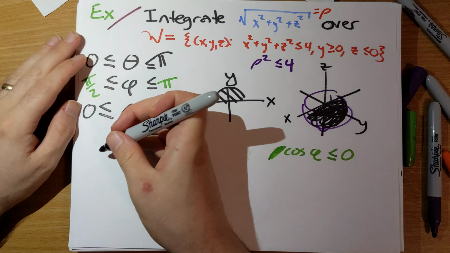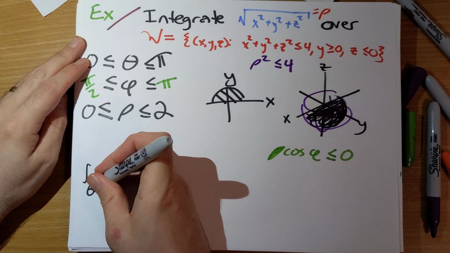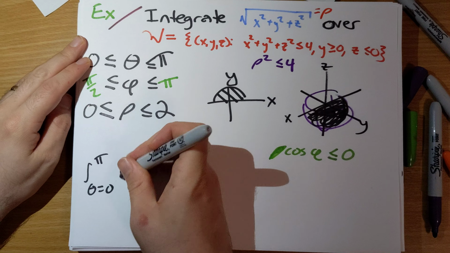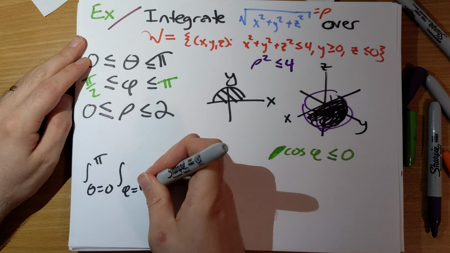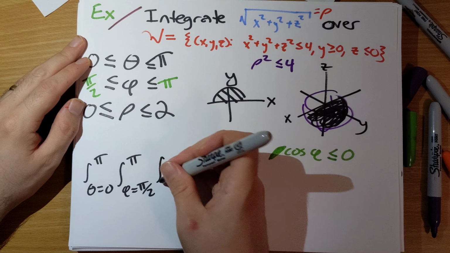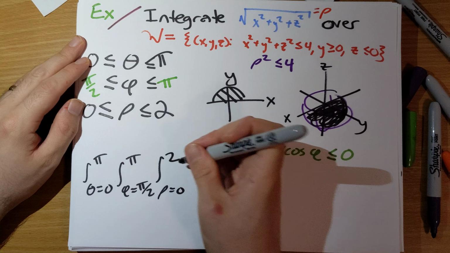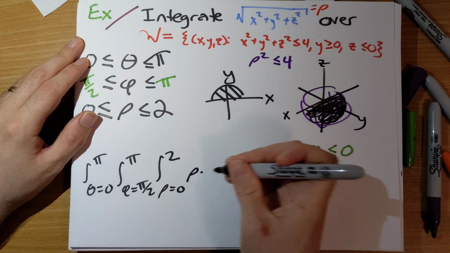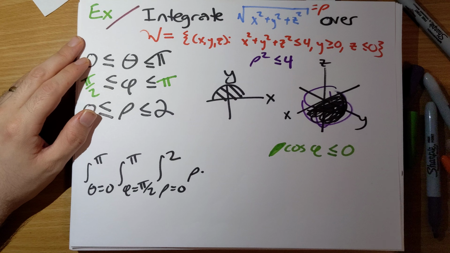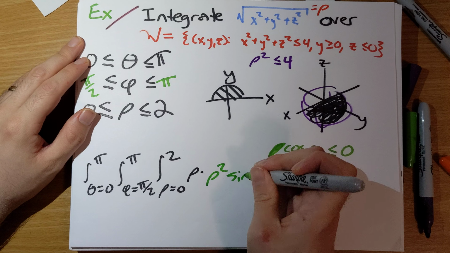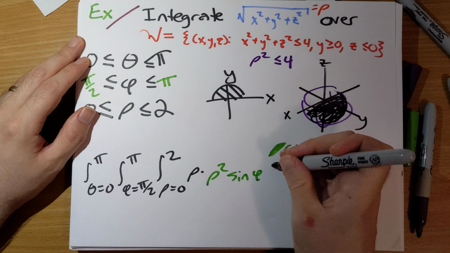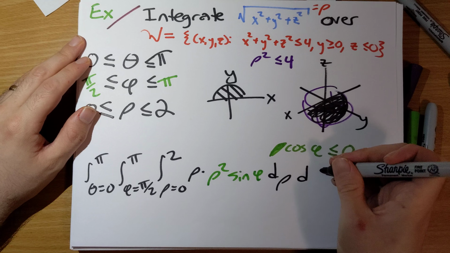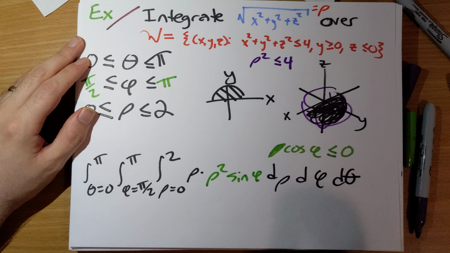So, our integral is theta runs from 0 to pi, phi runs from pi over 2 to pi, rho runs from 0 to 2 of rho times, don't forget to throw in rho squared sine phi, d rho d phi d theta.